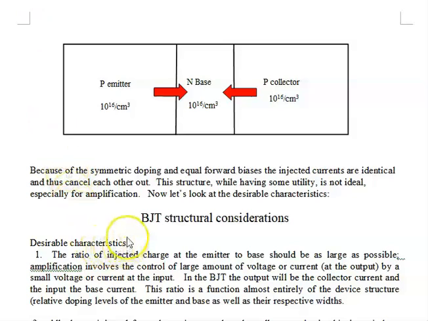So let's take a look at the desirable characteristics. I should have perhaps put in parentheses, these are the desirable characteristics using the BJT as an amplifier. First, we want the ratio of injected charge at the emitter to the base to be as large as possible. We want lots of current flowing from the emitter to the base.